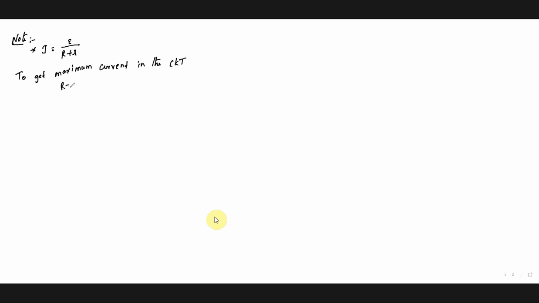The condition is small r must be equal to capital R. To get maximum current in the circuit, r equals R. If r equals R, then current I is equal to E by 2R, or you can write I is equal to E by 2r. Is it okay, students?